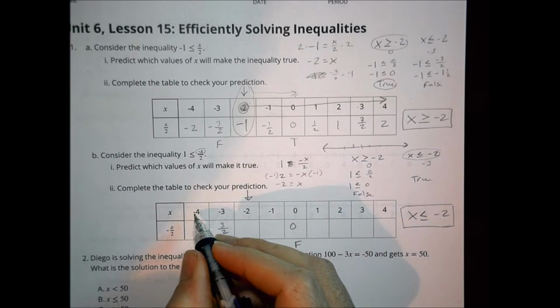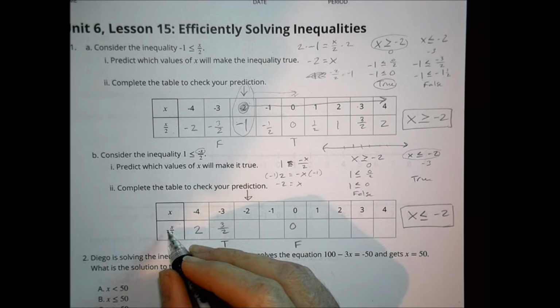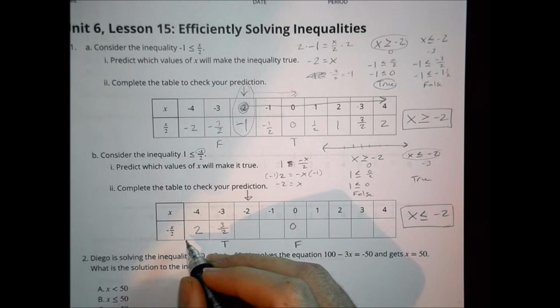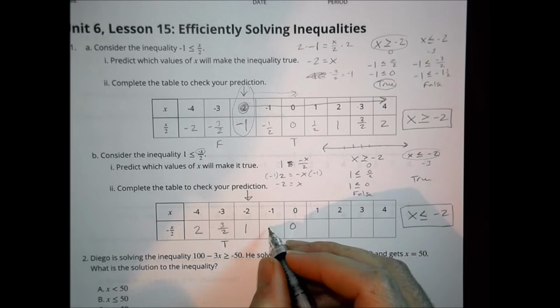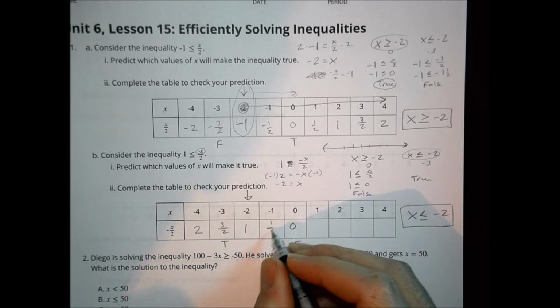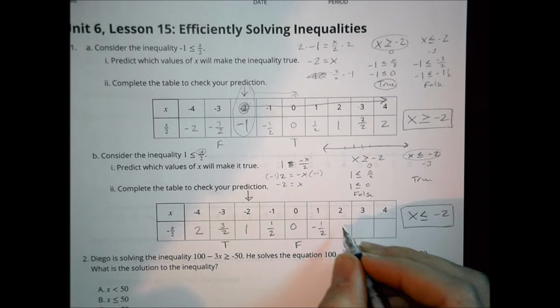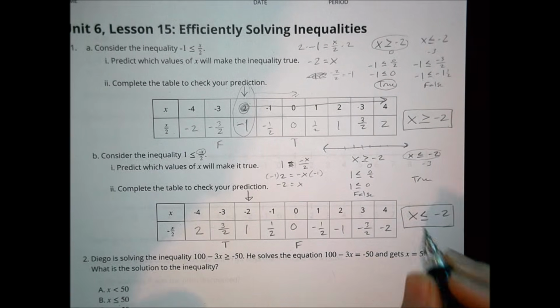But let's go ahead and put the numbers in. -4 is a +4/2, which is +2. -2/2 is -1, but making a -1 is a +1. This becomes a +1/2. All right, we have 0 there, and then we end up with a -1/2, a -1, -3/2, and -2.